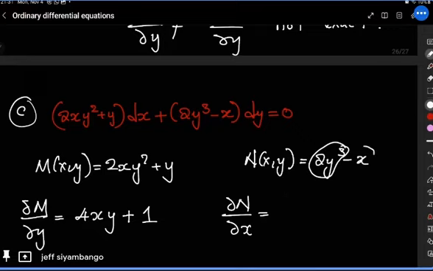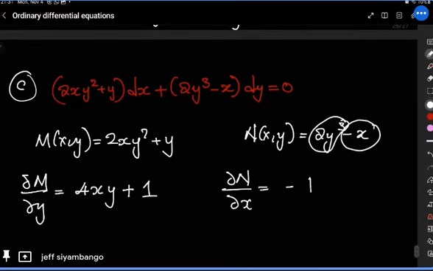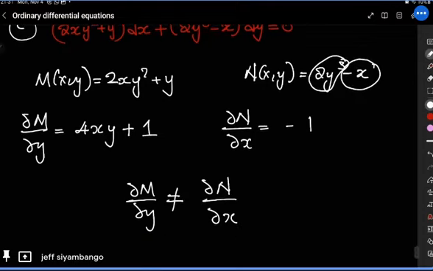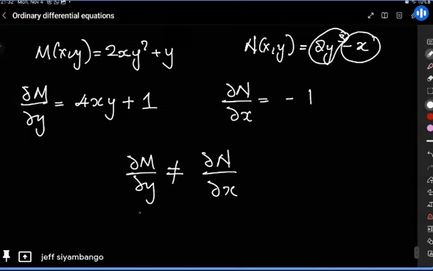And then we differentiate here, that is just going to be minus 1. So here we see that partial M, partial y is not equal to partial N, partial x. I hope you've seen how we check whether it is exact or not. This one is not exact.